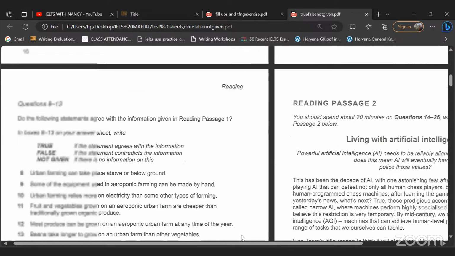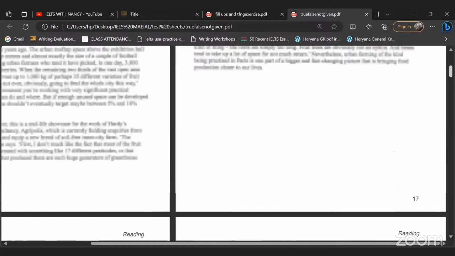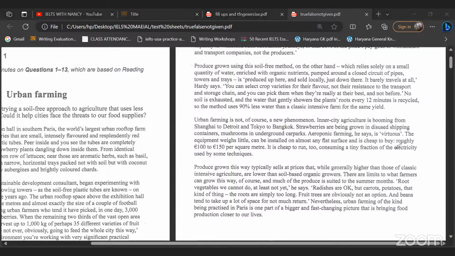Yes. Okay. Urban farming relies more on electricity than some other type of farming. Means urban farming depends on electricity more than any other farming. So they're talking about the dependence of urban farming on electricity. Read out electricity. Electricity is given here. Now, the equipment weighs little, can be installed on almost any flat surface and is cheap to buy.